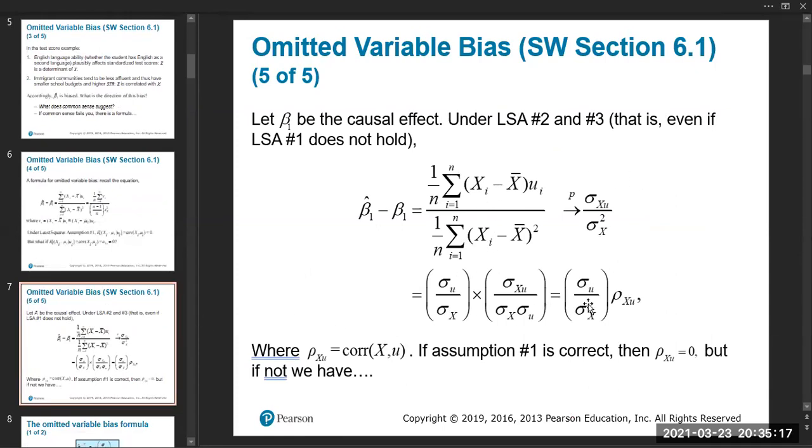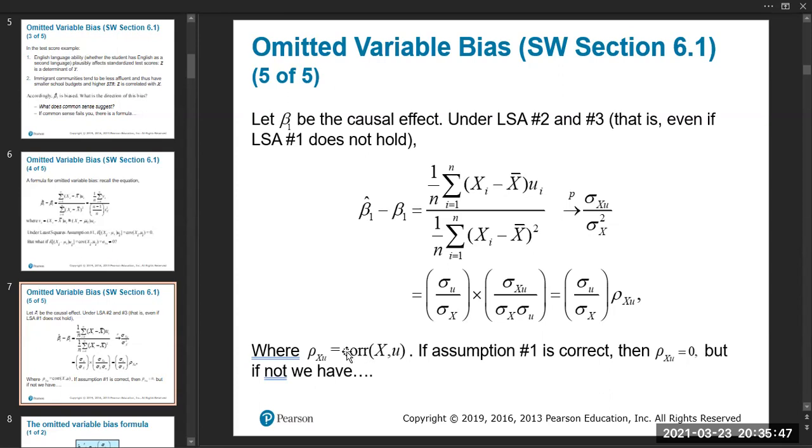Here is more. Basically it's what we were doing just now, they just switched a lot of the notations. At the end, beta 1 hat minus beta 1 equals sigma u divided by sigma x times rho xu, where rho xu is the correlation coefficient.